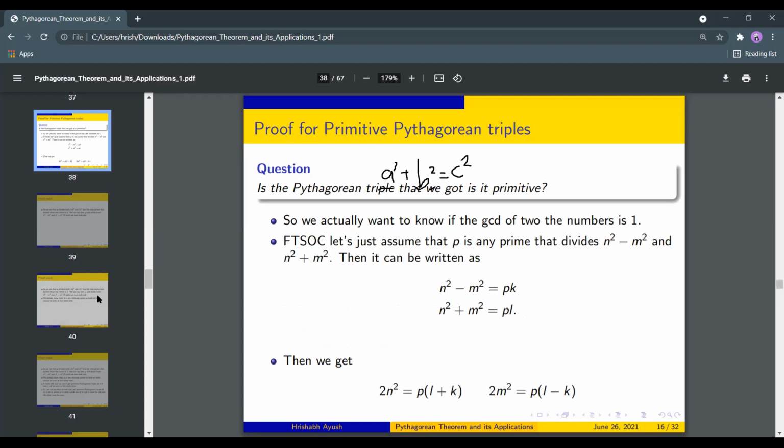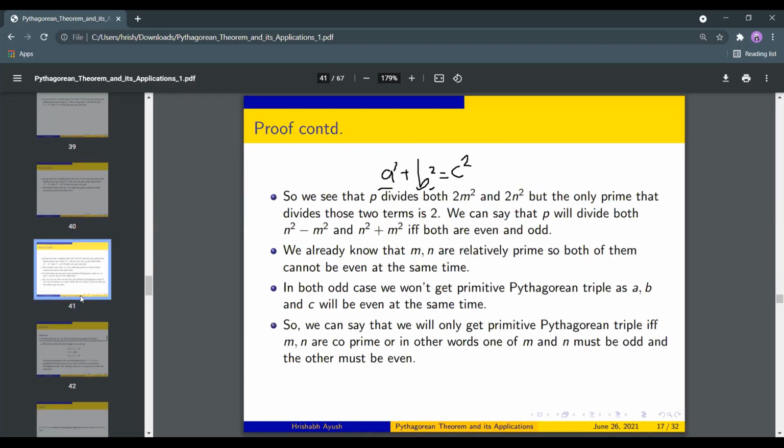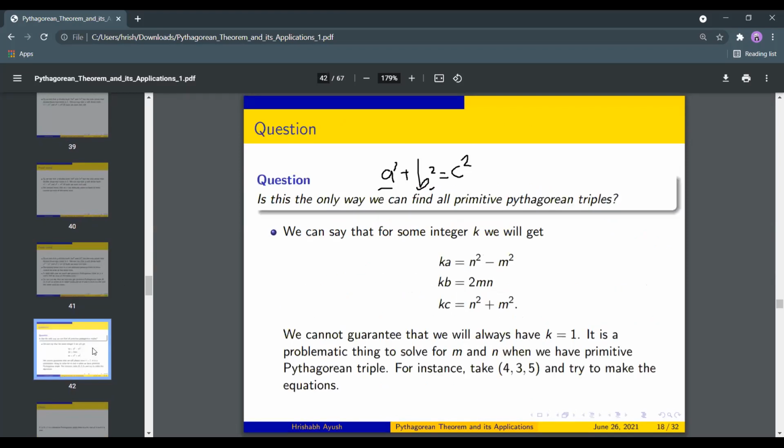C square won't be even every time. You can see the example of 3, 4, and 5. If it's even, that won't give us a primitive Pythagorean triple, that is 6, 8, 10. You can see from that. Okay. And let me clear this.